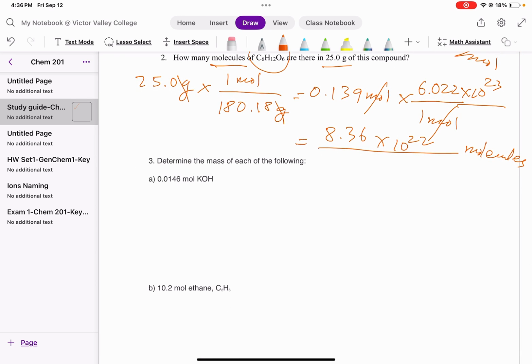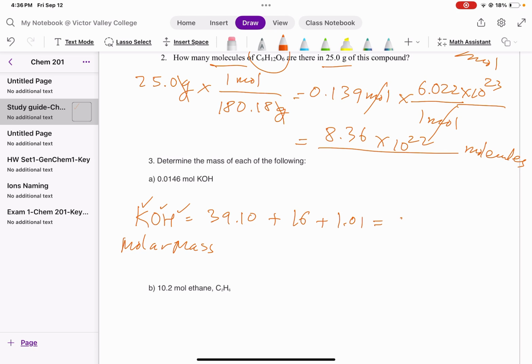Determine the mass of each of the following. Okay, KOH. We need the KOH molar mass. KOH is going to be K plus oxygen plus hydrogen. If you look up at a periodic table, K is 39.10. That's the atomic mass for K. Oxygen 16, hydrogen 1.01.